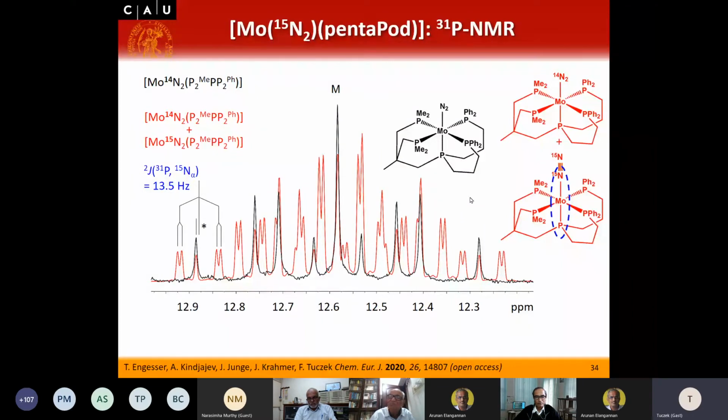But there are many other differences of these systems to nitrogenase. Nitrogenase is a cluster, and these are mononuclear systems, for example. I'm afraid to say that, but I believe this model chemistry on mononuclear molybdenum centers has not much relevance to the iron molybdenum cofactor.